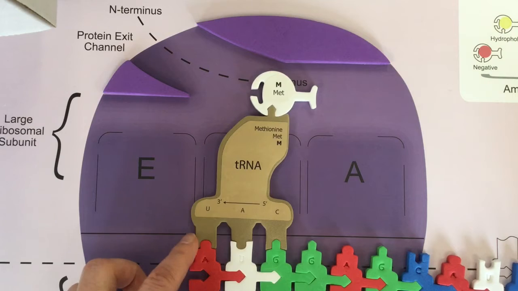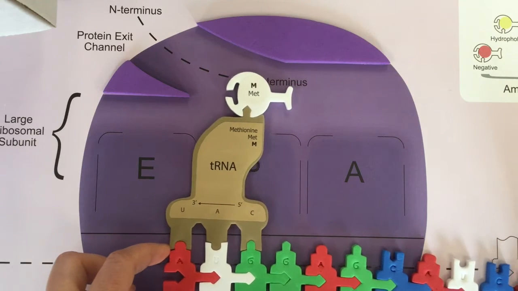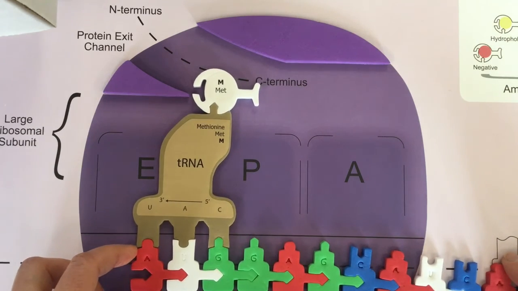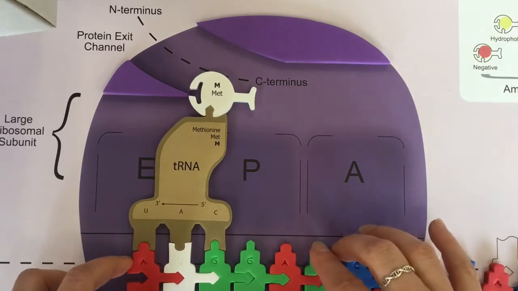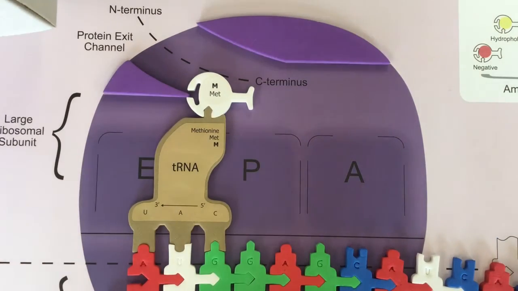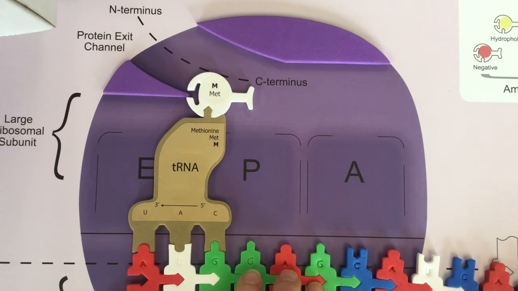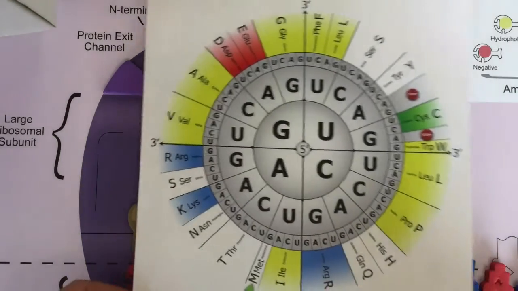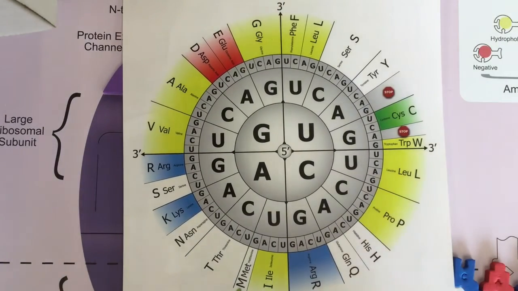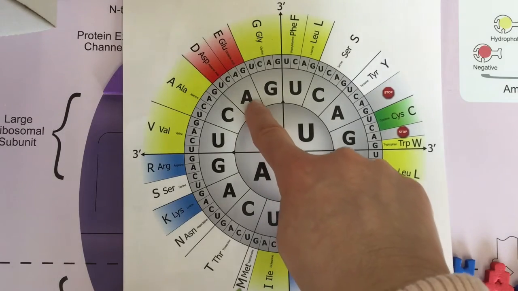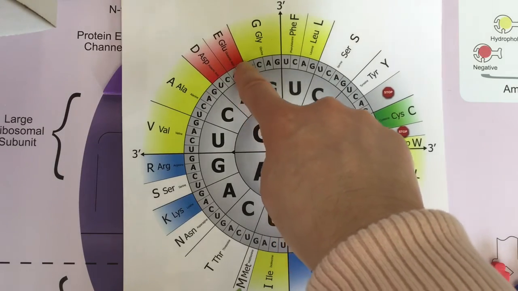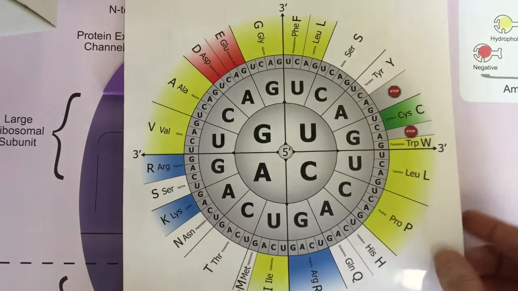All right, and so now I'm going to start to move, and I'm going to bring my next tRNA molecule. So I need to figure out, what amino acid needs to come next? GAG is my next codon, so I'm going to look at G, A, and then G. That's glutamic acid.